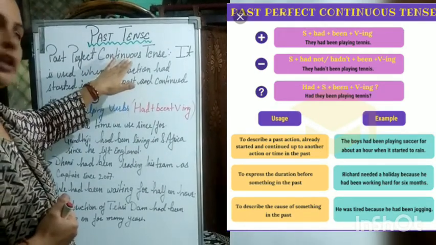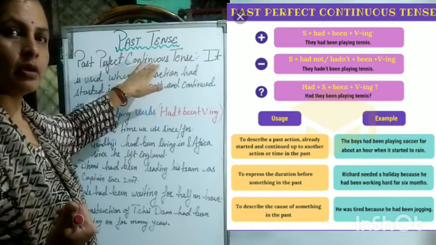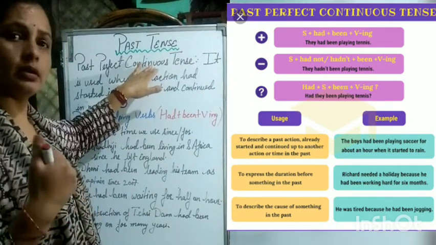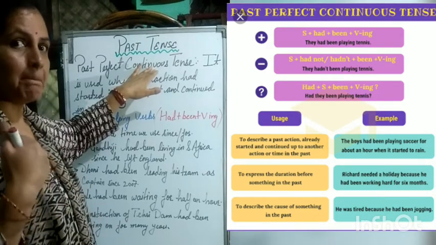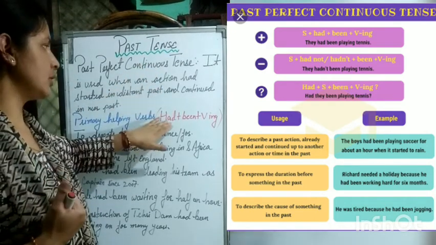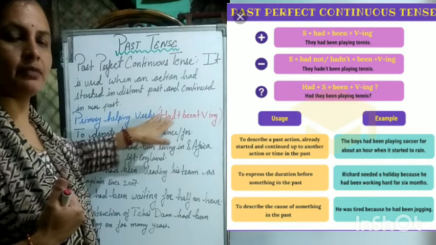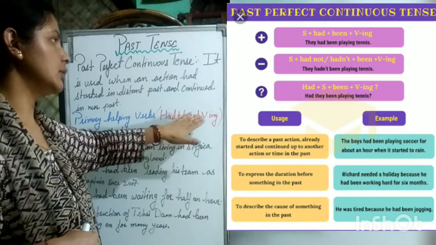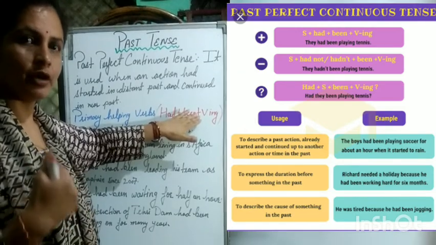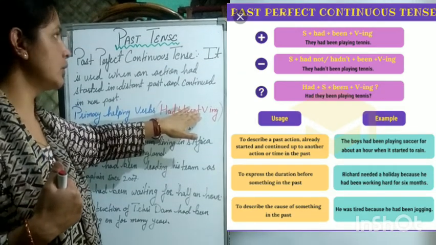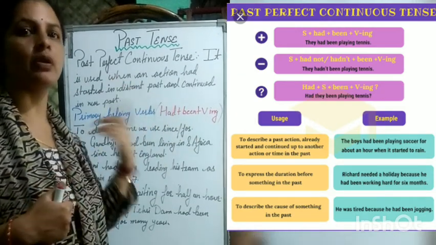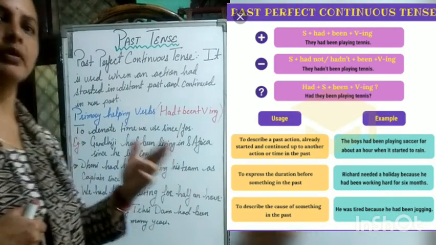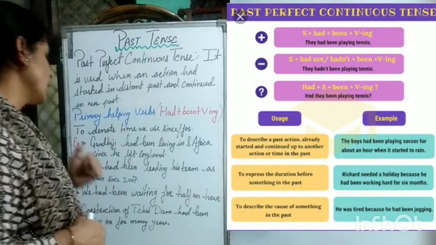As it is continuous tense, the primary helping verb of continuous tense is be, and we have to use been as it is had here. So after had we use been, and we use verb first form plus ing with it. Why? Because it is progressive. We have to show progress in actions.